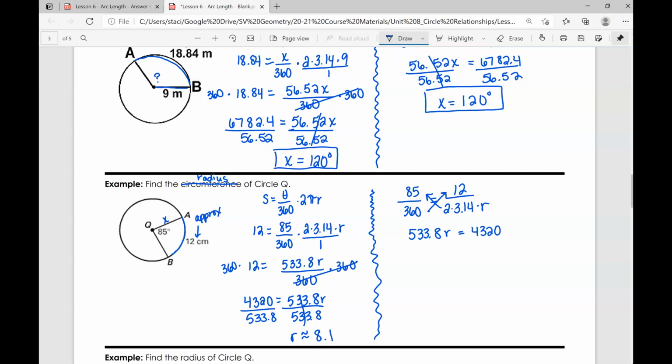You can see we have the exact same equation that we had before. This one took considerably less work. When we divide by 533.8, we get that r is about 8.1. So we still get the same answer no matter which method we use. Hopefully these 4 examples make you feel pretty confident that you can solve problems involving arc length.